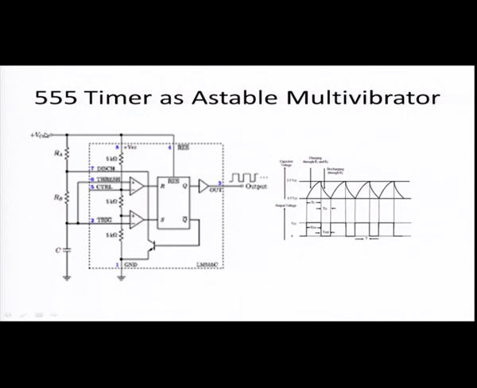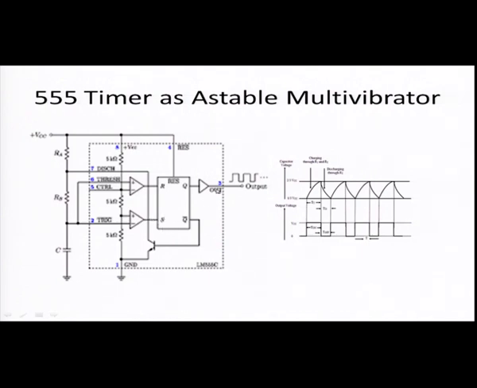Once the supply is given to the circuit, the capacitor starts charging towards VCC through the resistors RA and RB. We know that the lower comparator has the threshold voltage 1/3 VCC. So, once the capacitor, while charging, just crosses this 1/3 VCC, this comparator is going to set the flip flop.